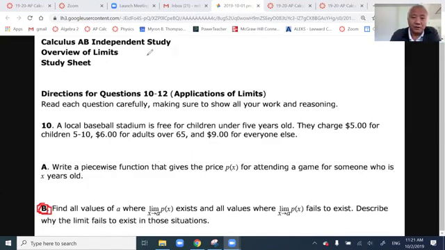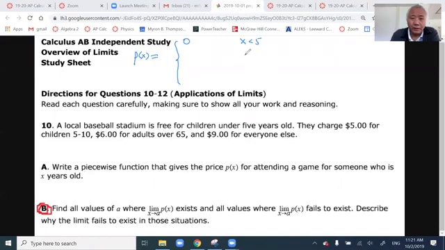So we know this function P(x) depends on the age. We can do it like this. When age is less than 5, under 5, they told you children under 5 years old, the function value is 0. That's for free.